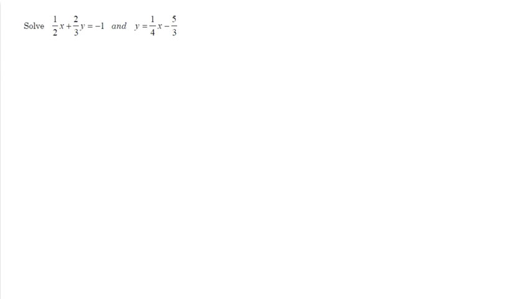What we can do there is think, okay, 6 is a multiple of 2 and a multiple of 3. So if we multiply this whole equation by 6, we can actually get rid of the fractions.